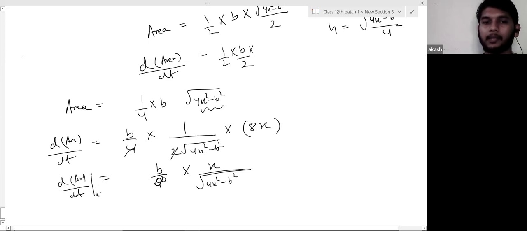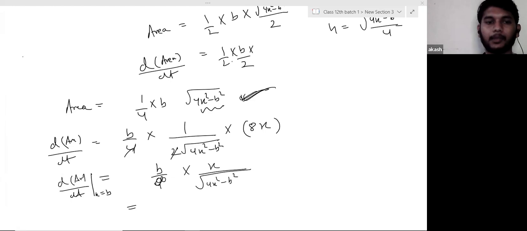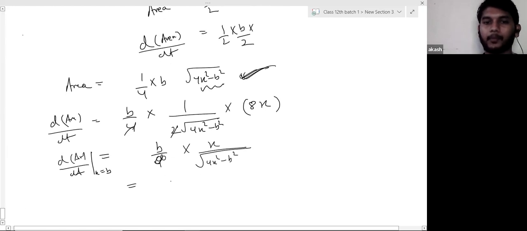Where you have to find where x is equal to b, so we can put x equals to b here. Never put the value of the variable beforehand. After differentiating, you can put the value. Absolutely correct answer, Runo. So b into x is b. So b upon under root 4b square minus b square is 3b square. So b square upon root 3 b.